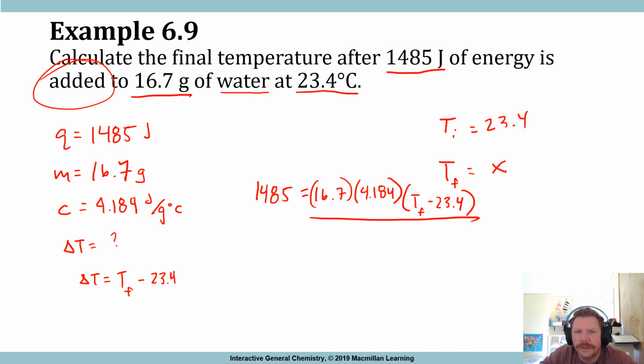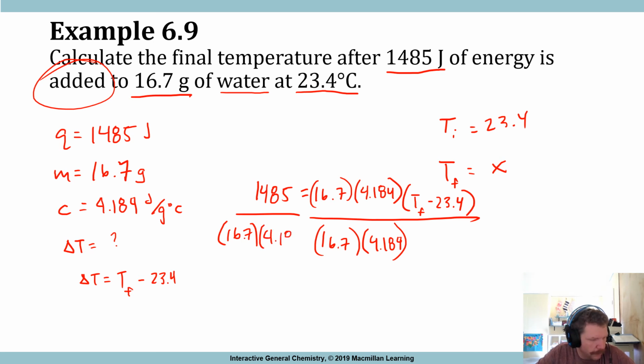I'm going to divide each side by 16.7 times 4.184. So what we're going to do is divide by 16.7, multiply that by 4.184.